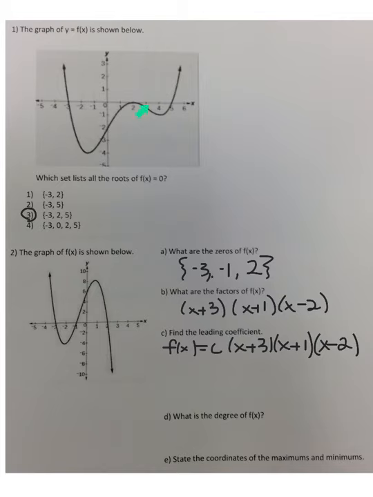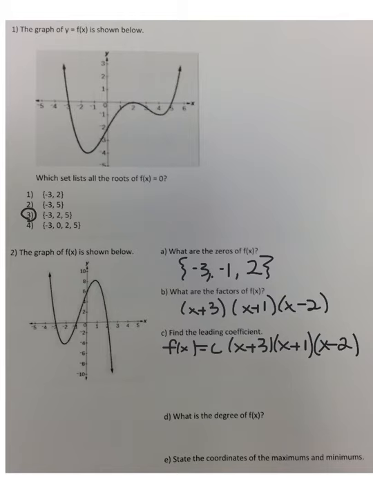Whereas if you look at the graph in example number 1, we have a tangent right here. It ricochets, it hits the x-axis, and then bounces right back off of that. Okay, because if we had that, remember then one of your factors would have to be squared. So if this was a factor, this would be x minus 2. We would have to square that.